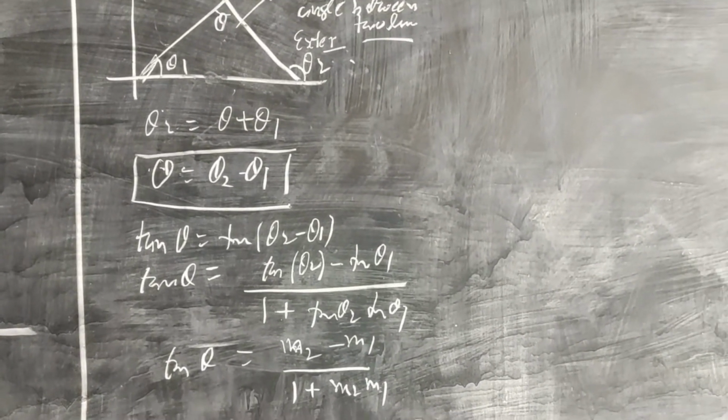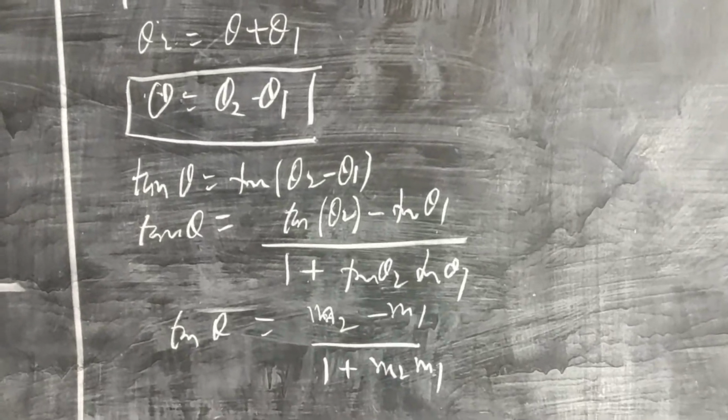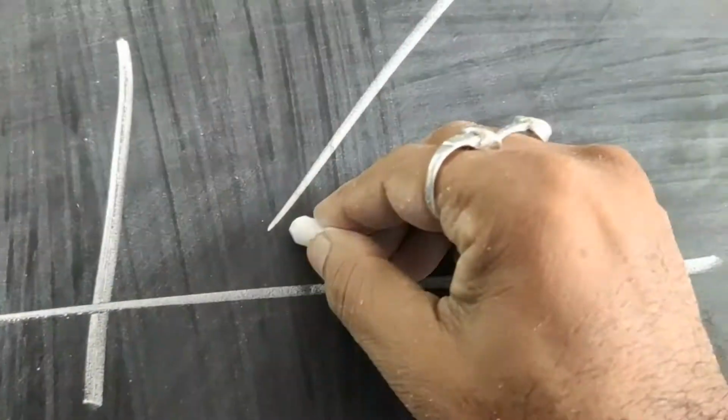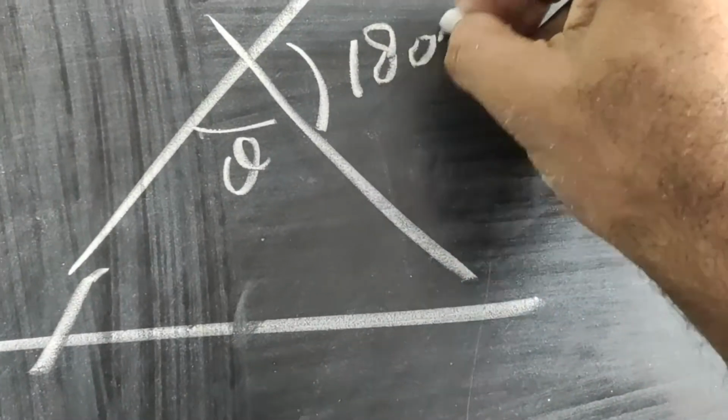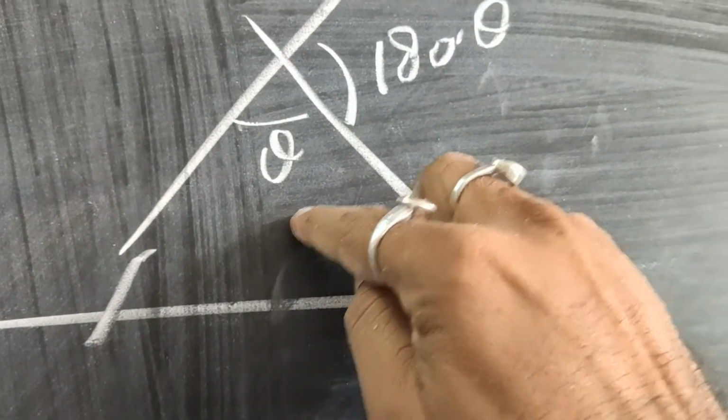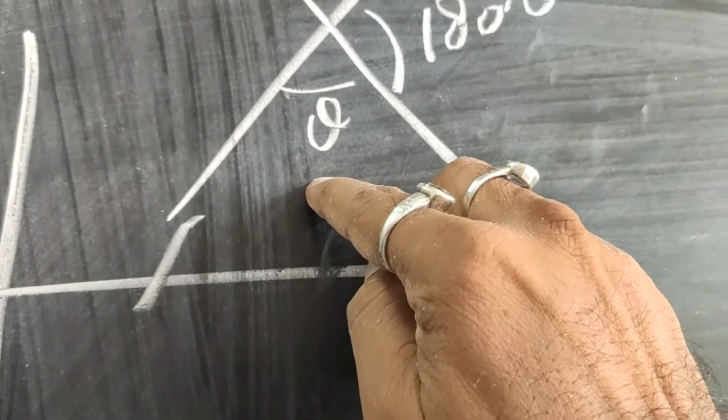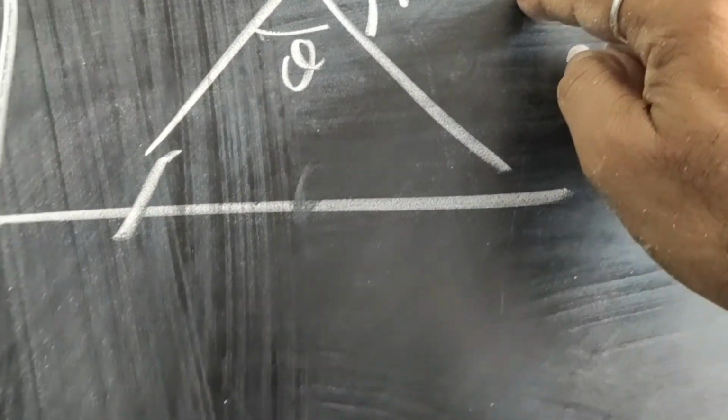Okay student, so now again elaborate this. Now you can see here in this angle, if one is theta, the second is 180 minus theta, meaning if one is acute, the other is obtuse. So tan theta is positive, and tan of 180 minus theta is negative.